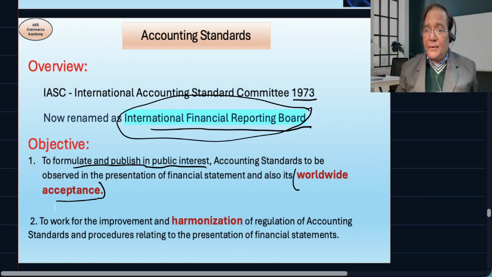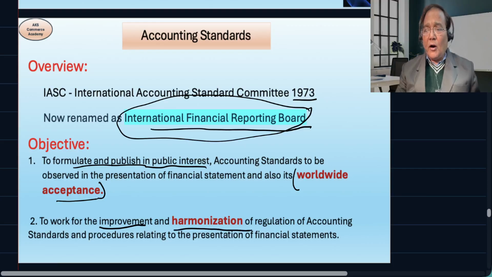Now the second objective was to work for the improvement and harmonization of regulation of accounting standards. First is improvement, because every country was following its own process, so that required some improvements.